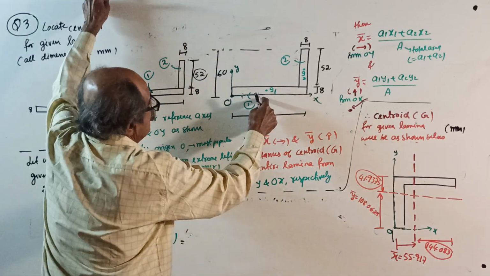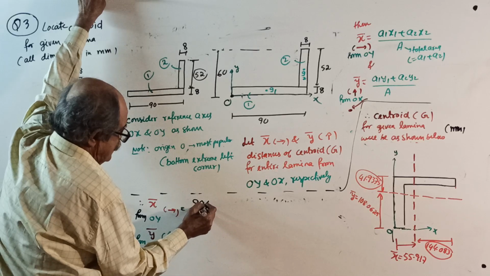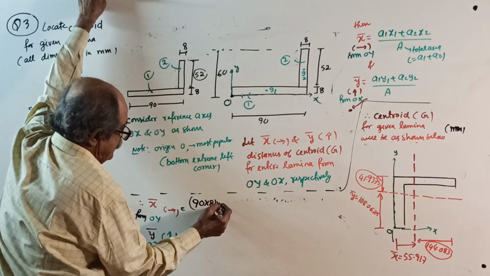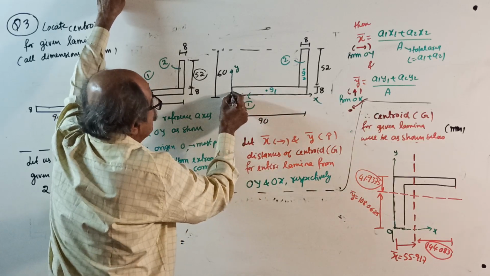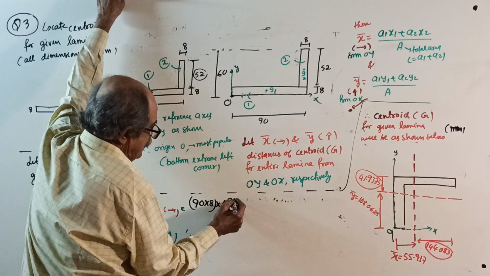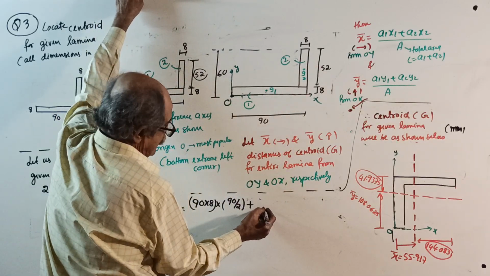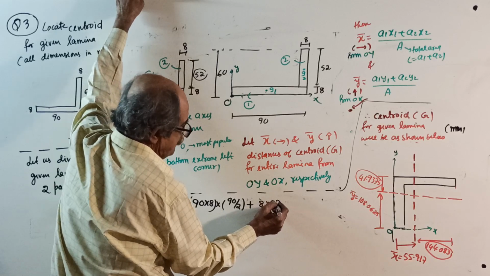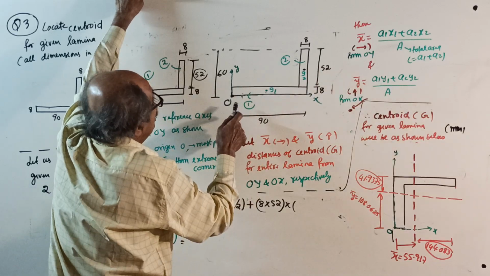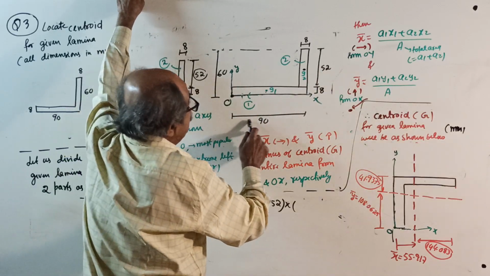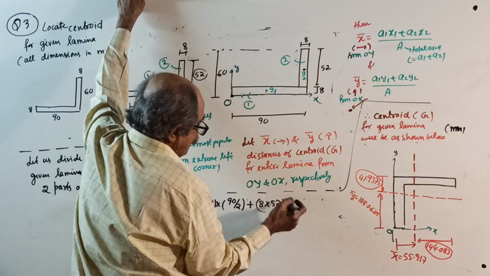Start. Area of figure 1 or component 1, 90 by 8, into its centroid from here. This is 90, from here to here is half of 90, 90 by 2, plus the second one, 8 by 52 is the area, multiplied by its centroid from here. This is 90, so from 90 subtract half of 8.